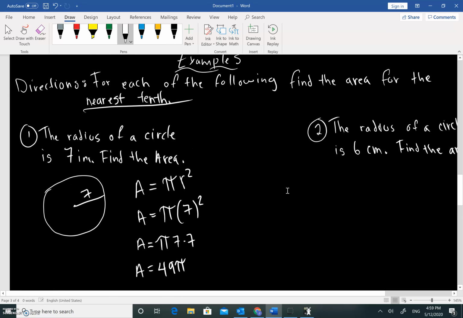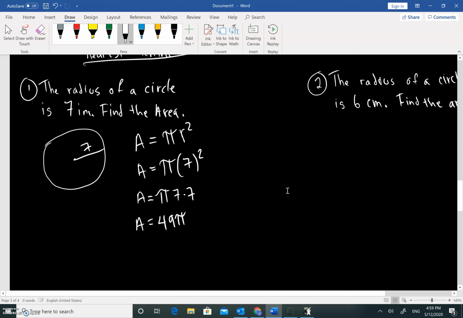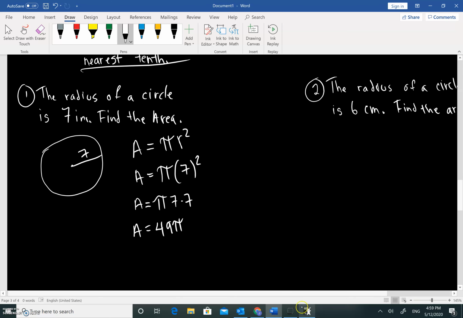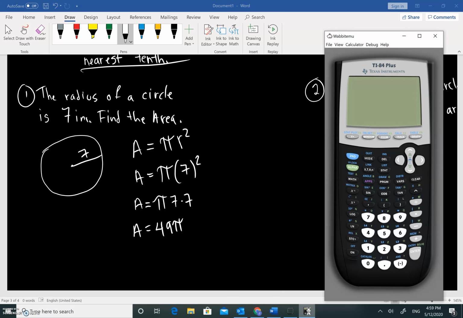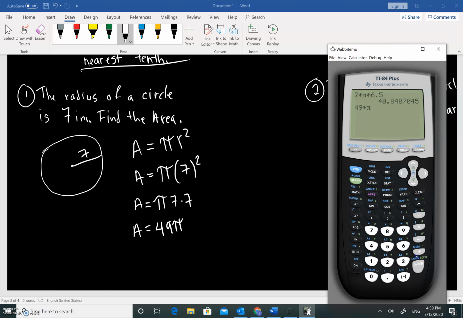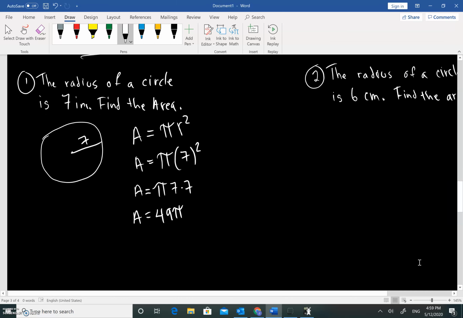Now, because they wanted it to the nearest tenth, that means that we have to use our pi from our calculator. So I have a calculator here. I'm going to turn it on, and we're going to use 49 times, I'm going to use my second so that I can get my pi. And this is going to give us our answer. 153.93.